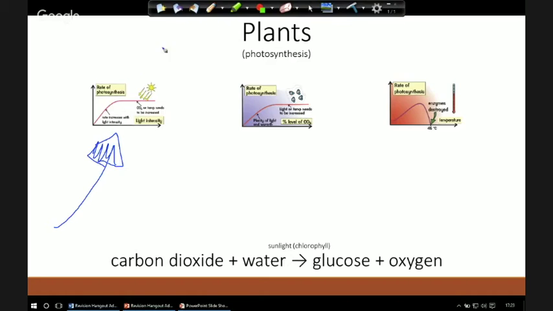We'll notice that as we're increasing the amount of light, we're increasing the rate of photosynthesis. But we get to a point where that no longer occurs. It doesn't matter how much more light you give that plant, it will not photosynthesize anymore.